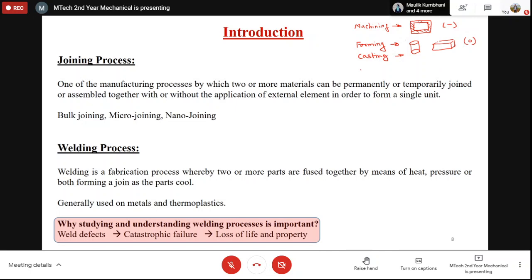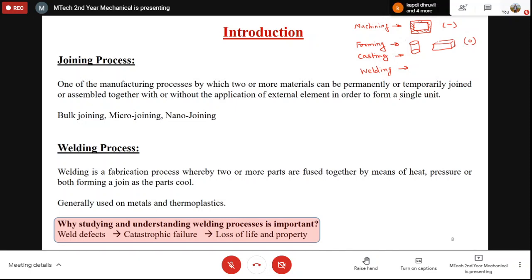So these types of losses are there. Then we have the welding part or joining part, where two metals are joined together with or without application of filler material.